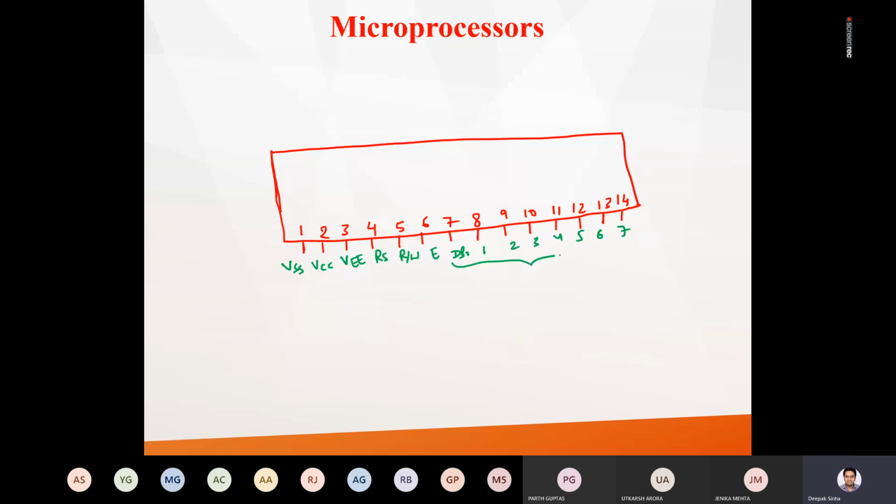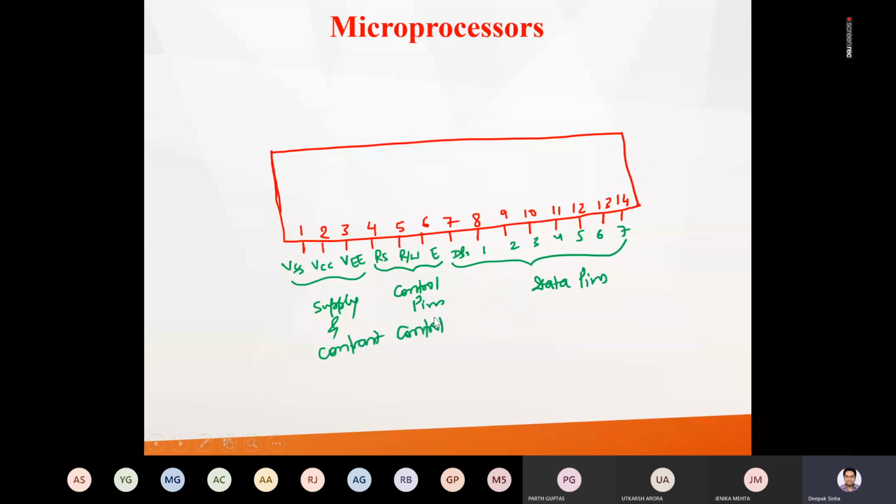These are all the data pins. These are for controlling purposes, the control pins, and these are the supply pins, supply and contrast control.